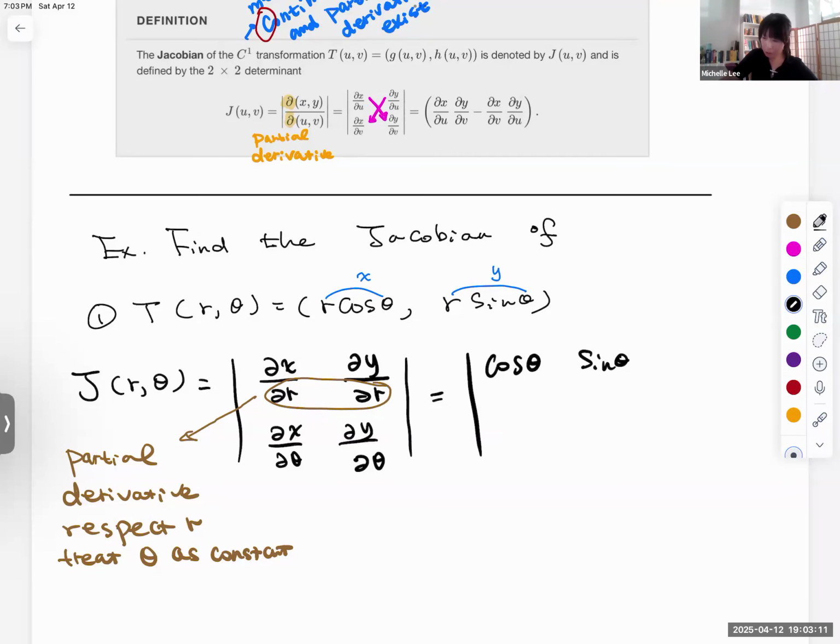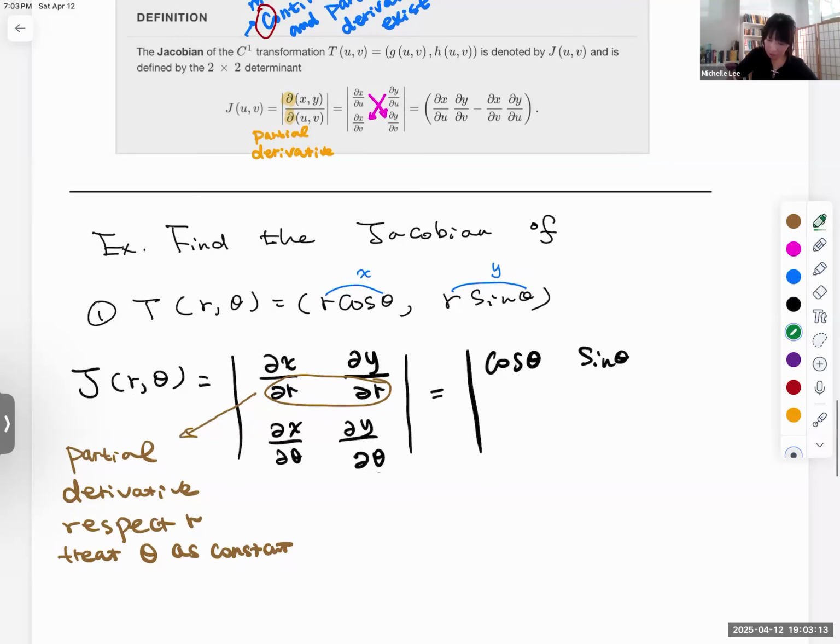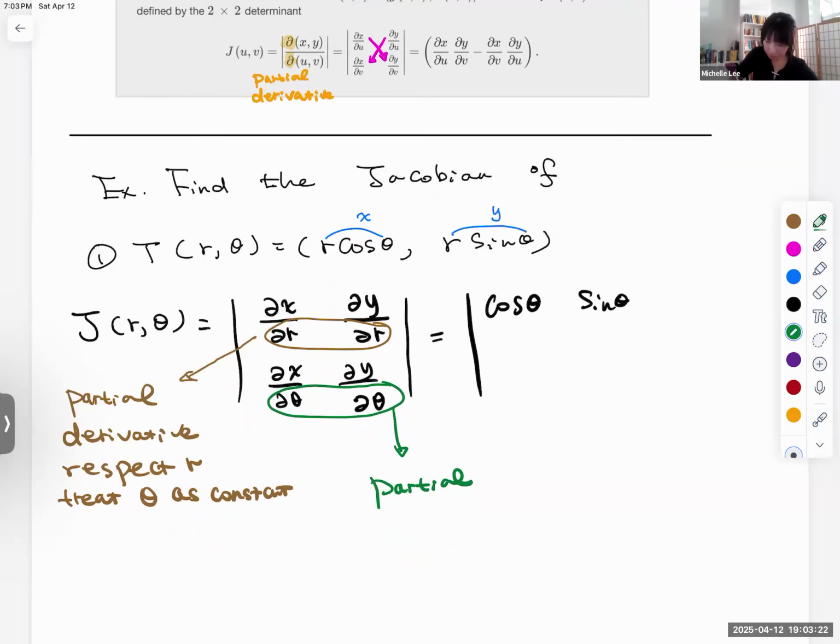Okay, let's take a look at this one. D theta, so partial derivative with respect to theta, so treat r as constant.